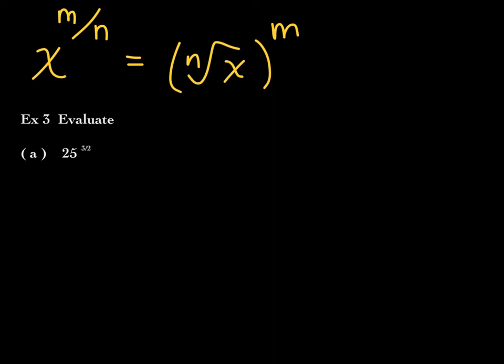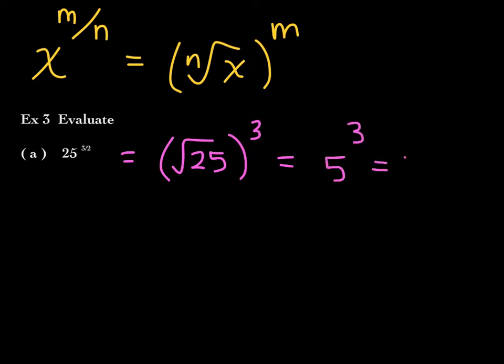What this means is the square root of 25 is what we need to find, and then raise it to the 3rd power. So the square root of 25, we know it to be 5, and then 5 raised to the 3rd power gives you 125. So this is the evaluation.